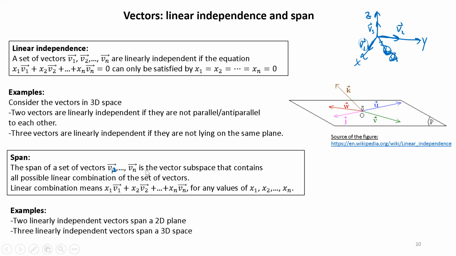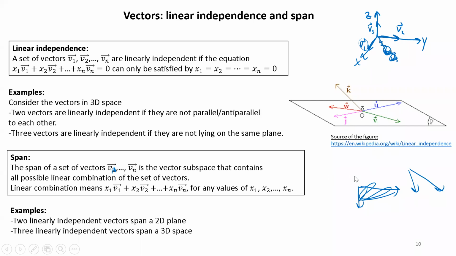Then the example is that if I have two linearly independent vectors, then they will span a 2D plane. What it means is that as long as I have two vectors that are non-parallel to each other, they do not have to be perpendicular to each other. It can be like this, but let's say they lie on the plane of the screen.